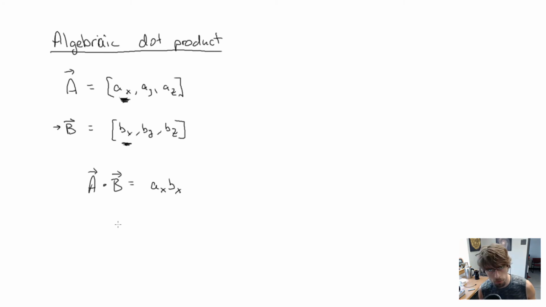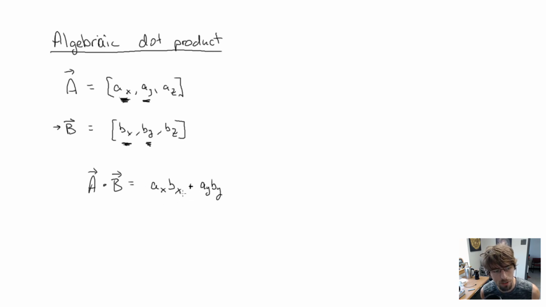But wait, there's more. I also have the y direction. And because the y direction is independent of the x direction, I don't have to worry about any kind of funky cross terms or AX's and BY's. I don't have to worry about any of that. I just have to do AY times BY and add that to the AX BX.